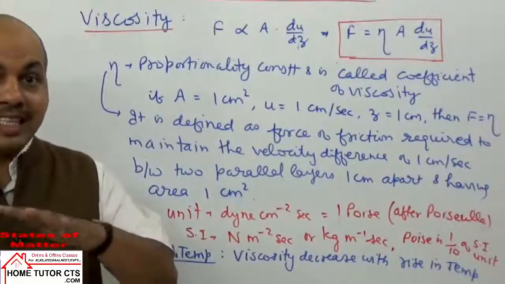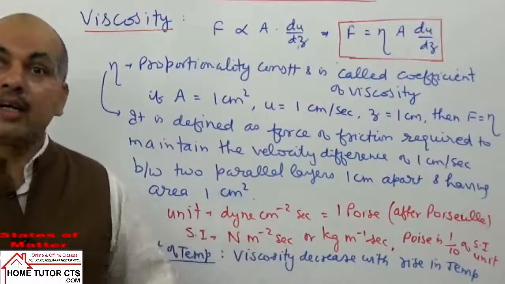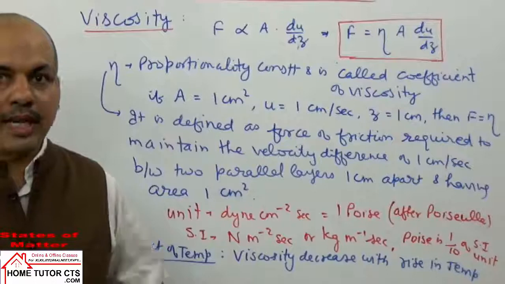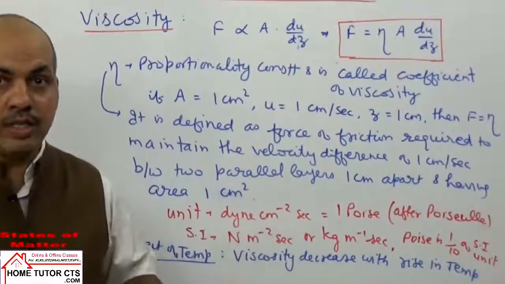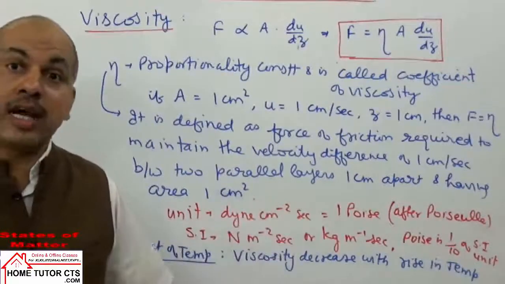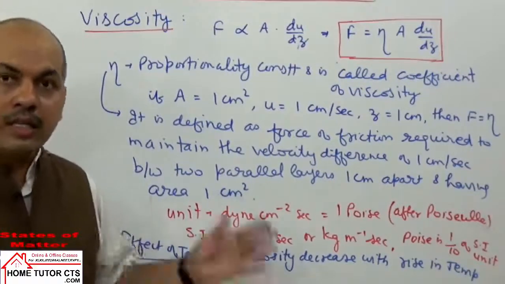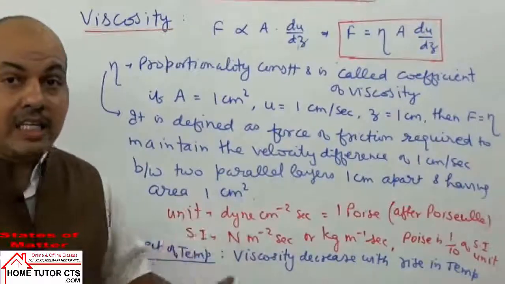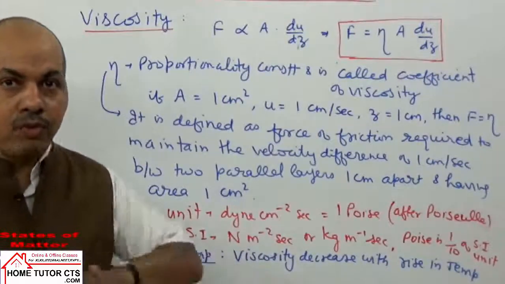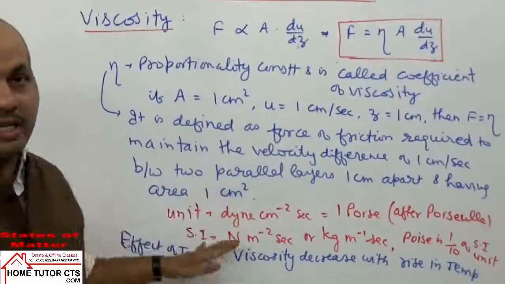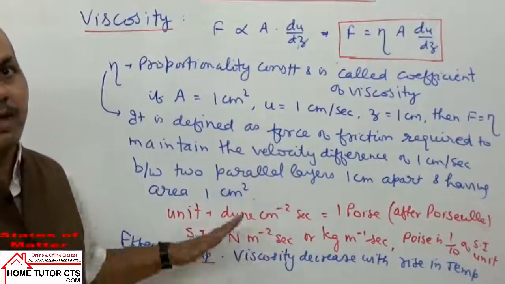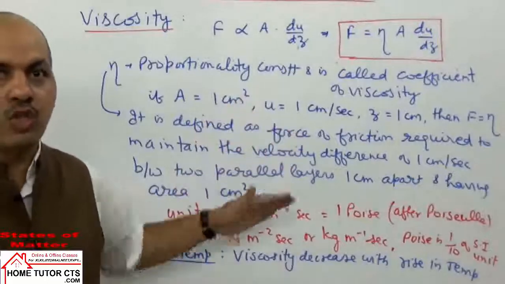That decreases the interparticle attractive forces, and therefore there is a decrease in the viscosity. The liquid can flow more freely with rising temperature. So I hope it is clear. This topic is over, and with this the chapter is also over.